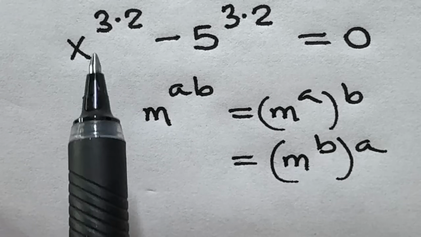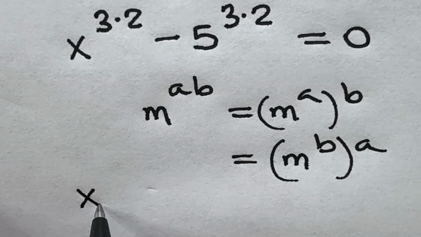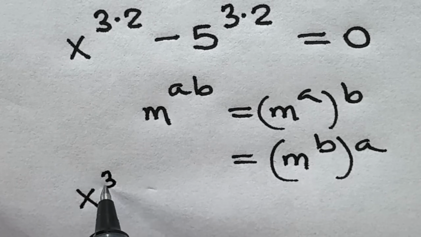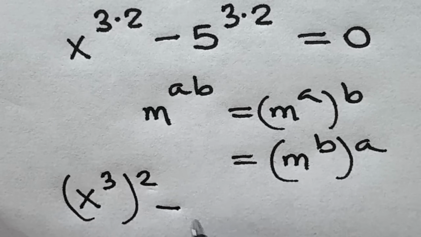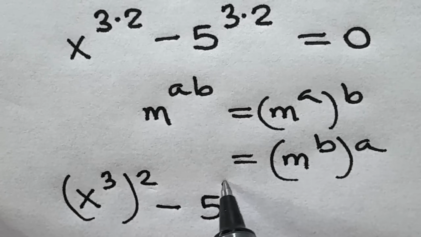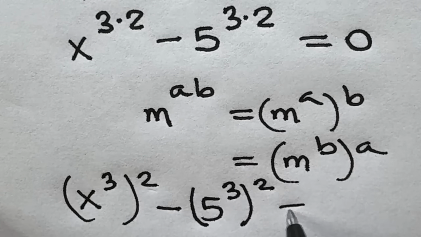Therefore, I'm going to write this as x raised to power 3 raised to power 2 minus 5 raised to power 3 raised to power 2 is equal to 0.